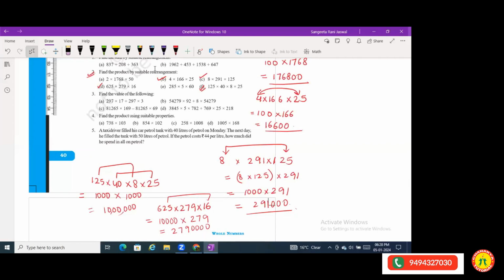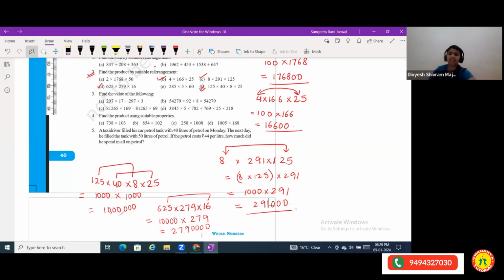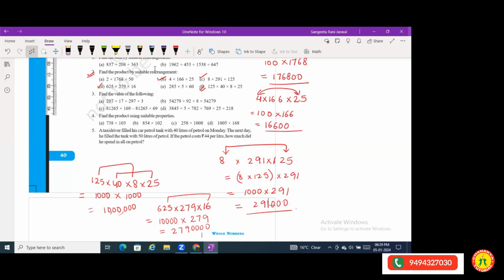Only one is left now. 285 multiplied by 5 multiplied by 60. Try that. E one. Ma'am, 85,500.